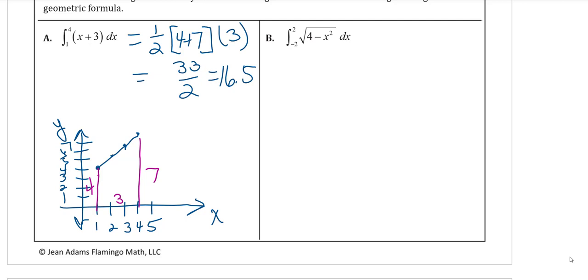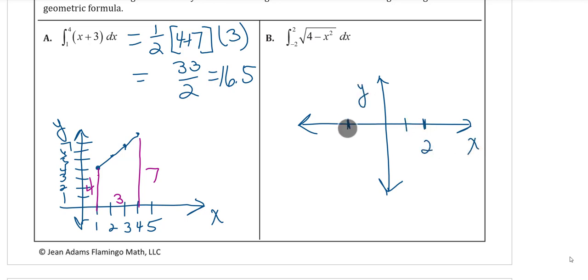Okay, so next I am going to have a semicircle that has a radius of 2. So, see if I can make this look circular. Okay, like that.